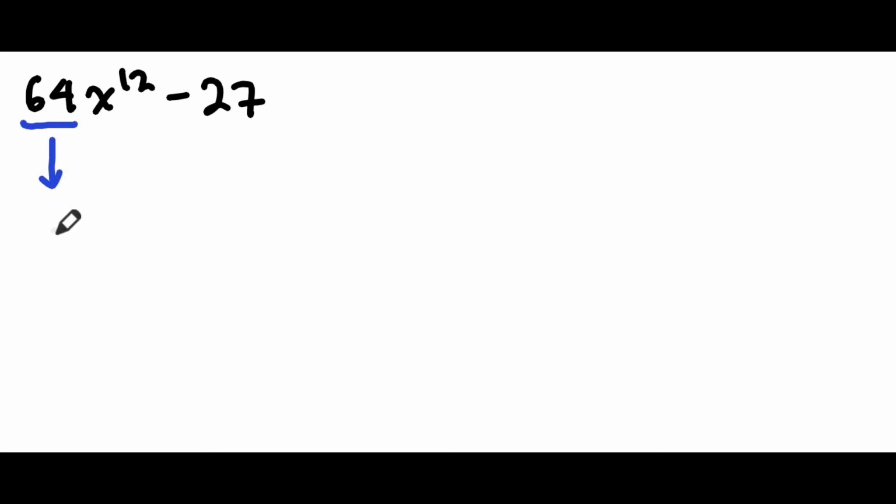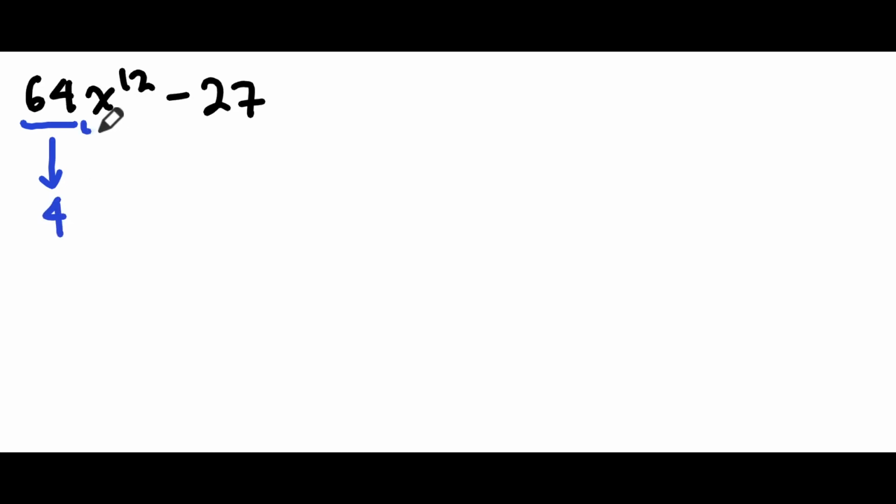All right, we're entering the big leagues now. So let's say we want to factor the expression 64x to the power of 12 minus 27. So the first thing we should realize is that this is in fact a difference of cubes. It may not be obvious right from the beginning, but if we look at the coefficient of the first term, we know that we can take the cube root of that, and this gives us 4.